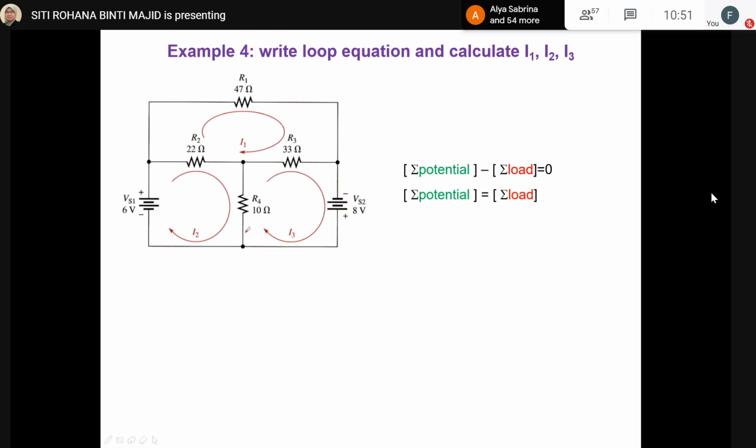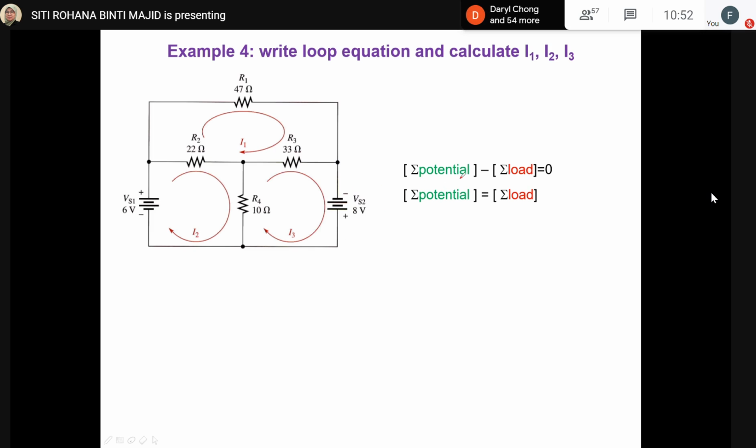There is no power supply in between two loops. The same thing here, and this one is the polarity of the battery. I think you already know how to label it, and also determine the direction, the sign for this power source.